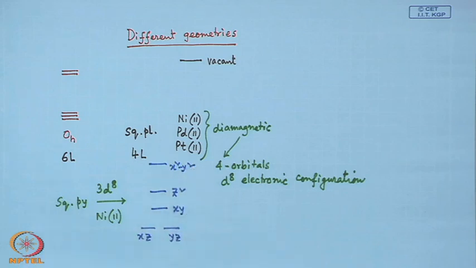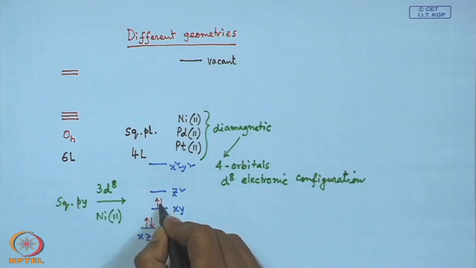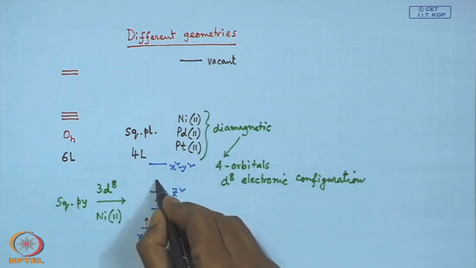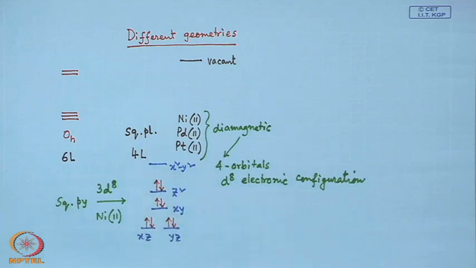So it would be dxz2, dyz2, dxy2 and dz square 2.